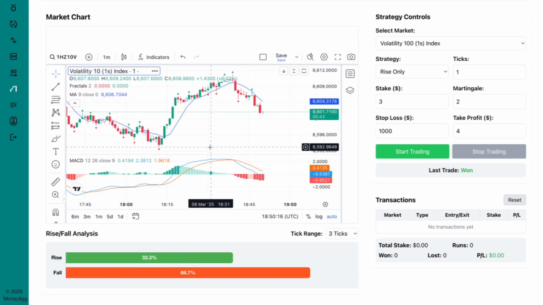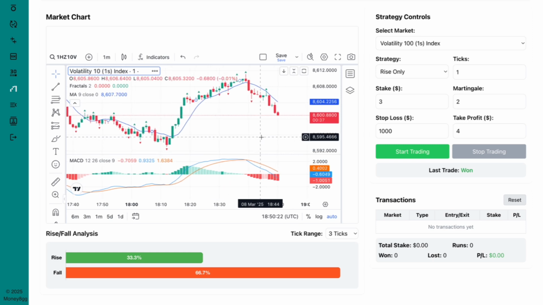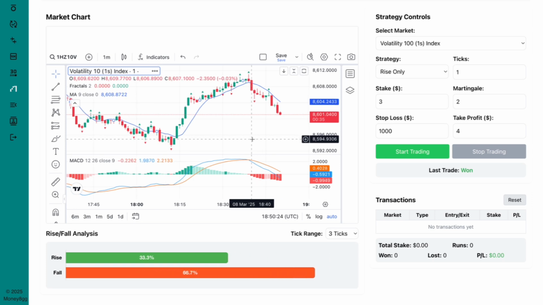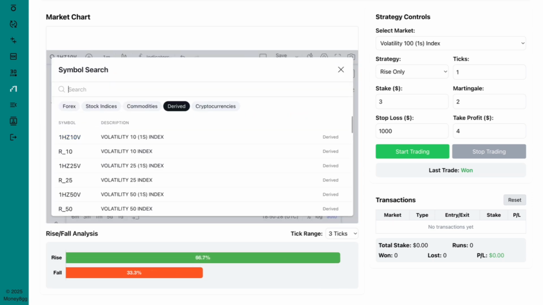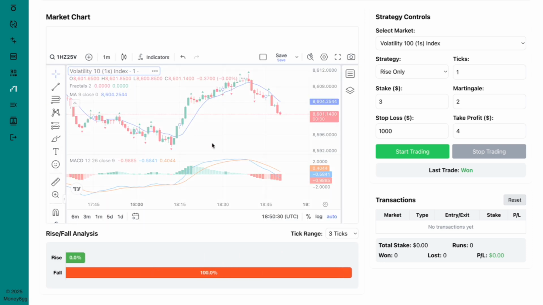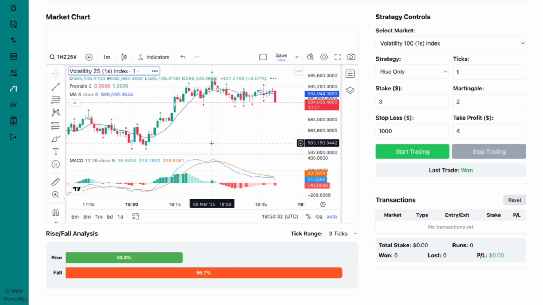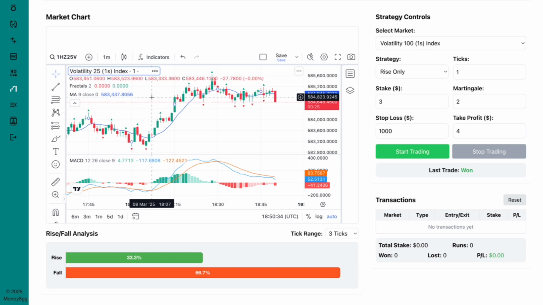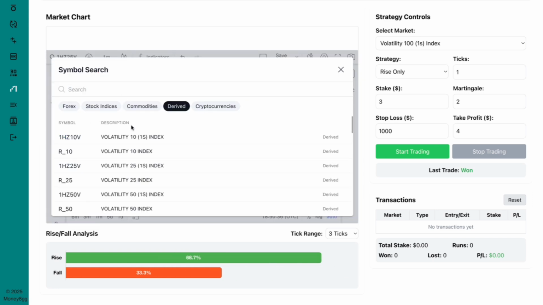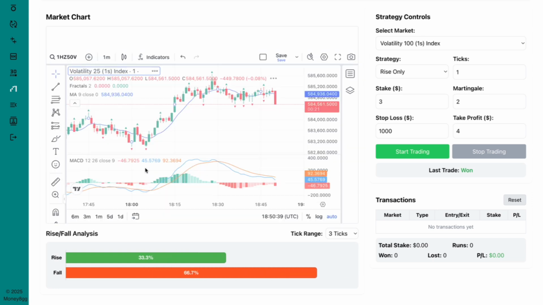Sometimes you lose and you feel like crying. So let's see. This one, 10 on S, 25 on S. If you've been here long enough, you understand what I'm looking for.